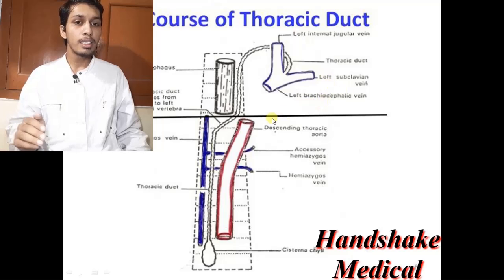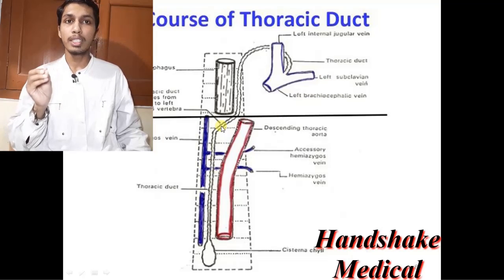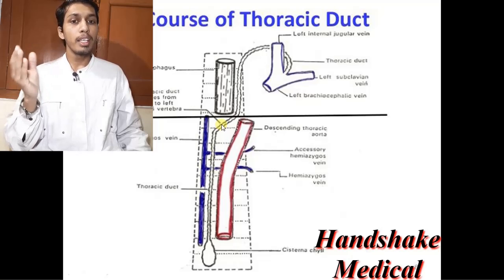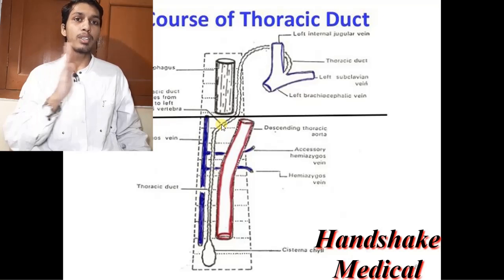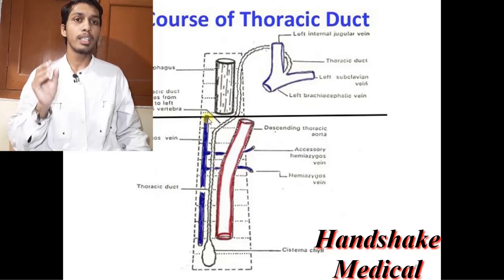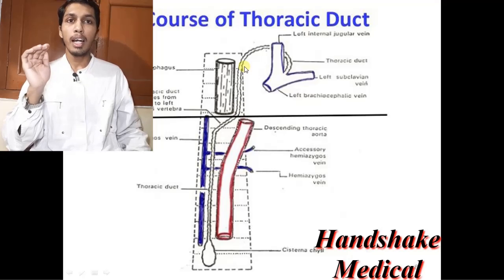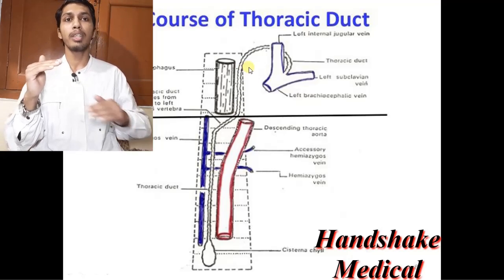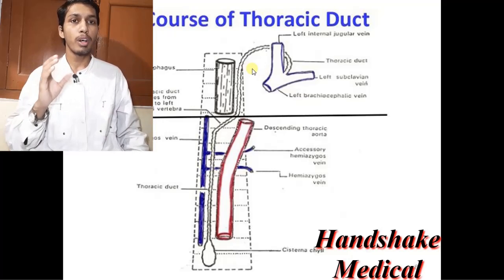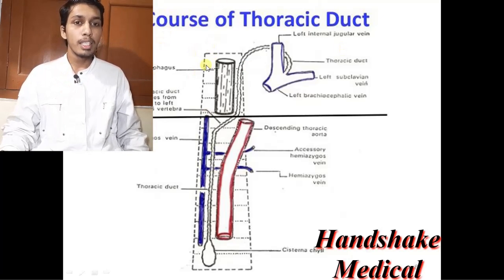So at the T5 vertebra level, this is the important landmark of the shifting of the thoracic duct from the right side to the left side. At the T5 vertebra level, the thoracic duct crosses the midline and moves to the left side. Now in the superior mediastinum, from the T1 vertebra level to the T4 vertebra level, the thoracic duct is present left of the midline, and this one is the oesophagus.